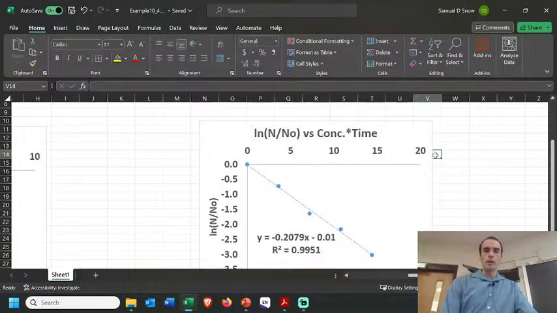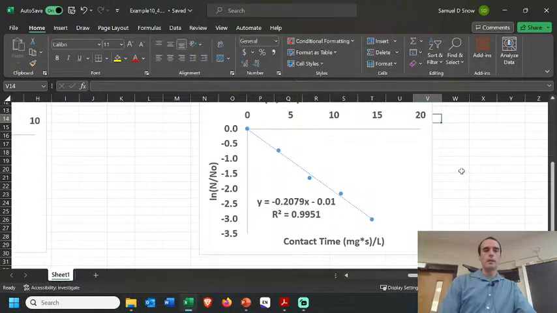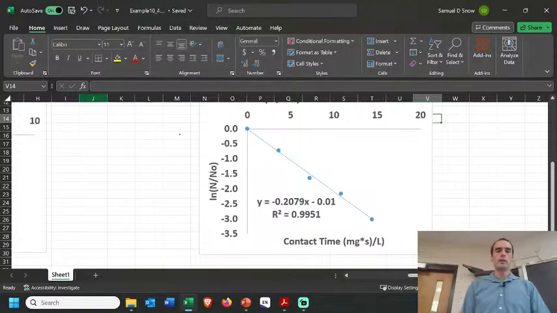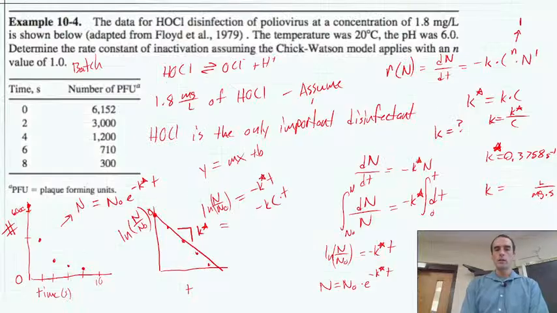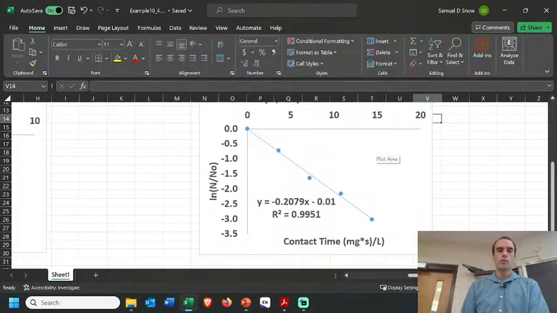So if we plot it that way, we can see we'll get the same slope there. And in this case, I don't know why I have an addition there, but the 0.2079, that should be our answer here.